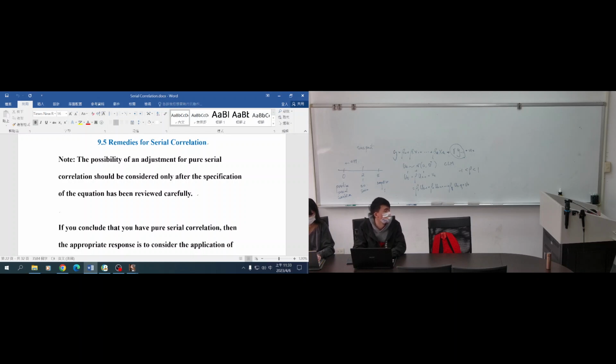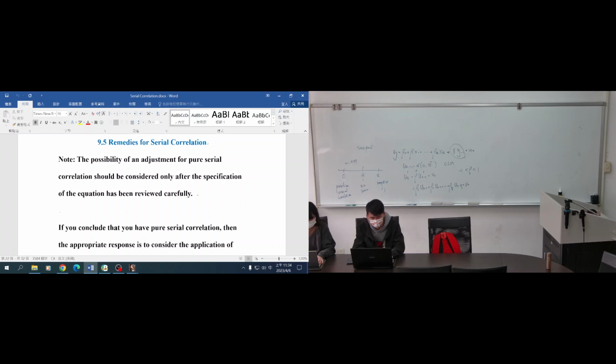But again, when we want to fix the problem of serial correlation, we need to make sure our model is specified correctly. Otherwise we're working with other problems, because the serial correlation problem can be caused by model misspecification, such as omitted important variables or a different functional form.